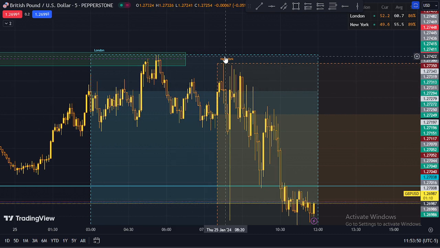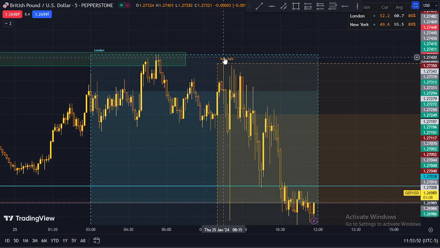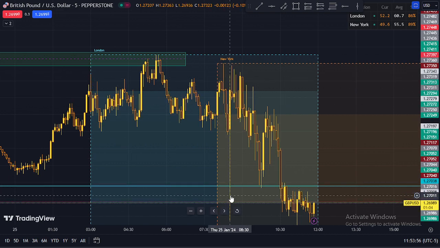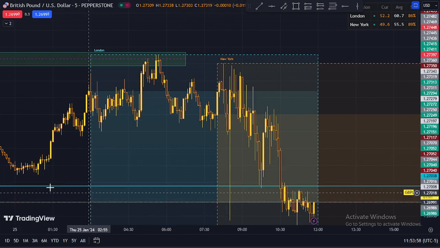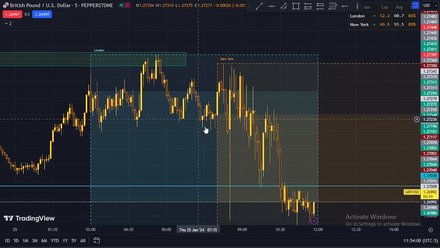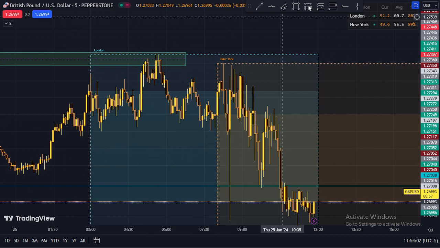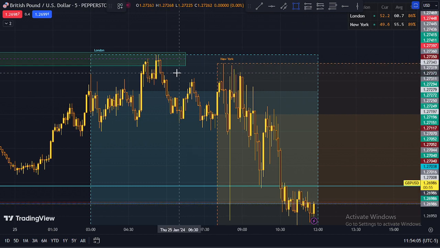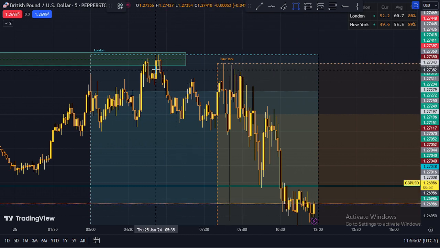We hit that at exactly 8:15, went all the way down at 8:30, taking out those lows. So we hit that. So we also had this gap right here.